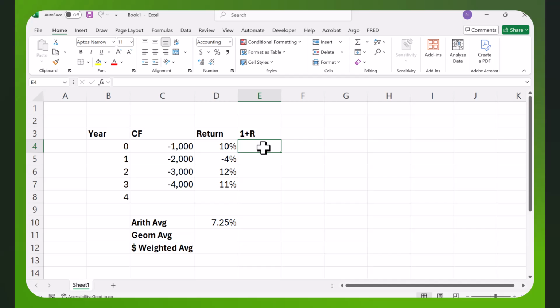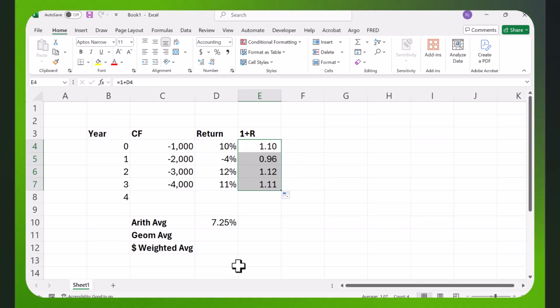So this is going to be equal to 1 plus what's right here, and let's make that a value rather than a percentage, and just copy this down. 10% is 0.1, so 1 plus 0.1 is 1.10, and this is minus 0.04, and negative 0.04 plus 1 is 0.96, etc.